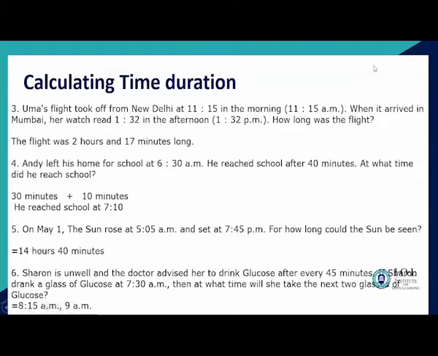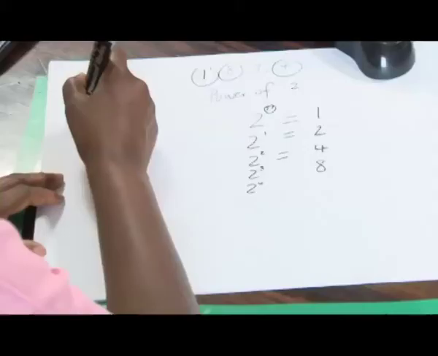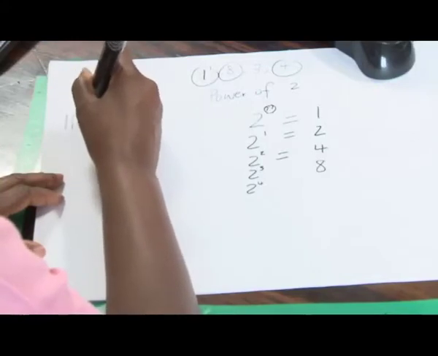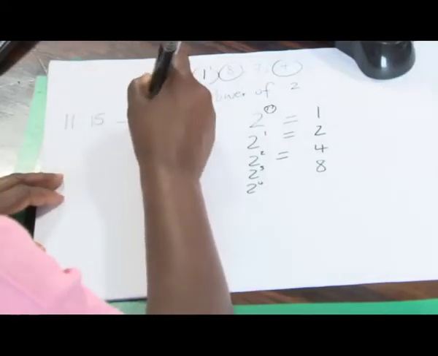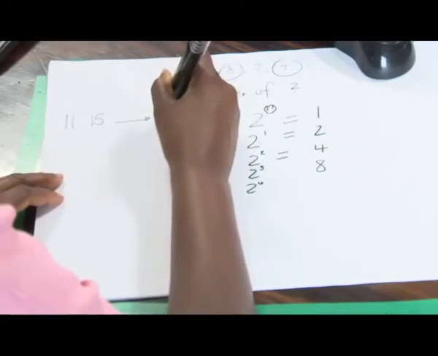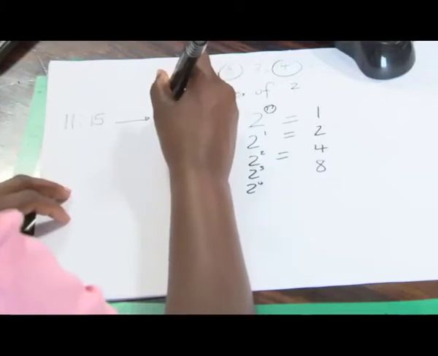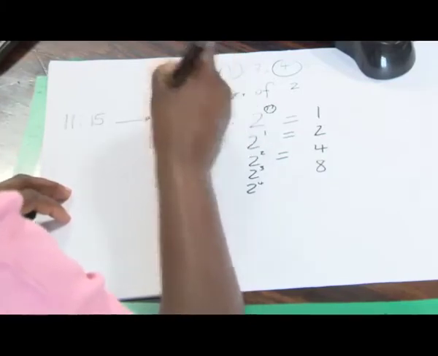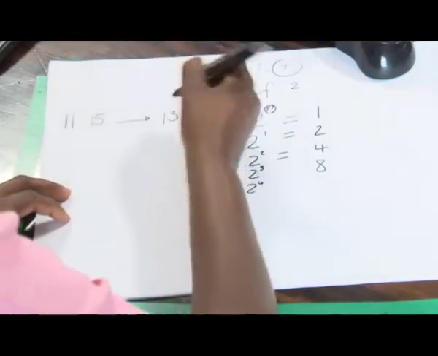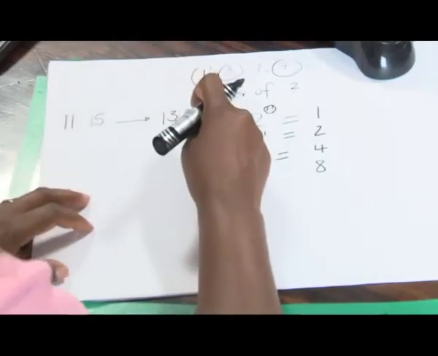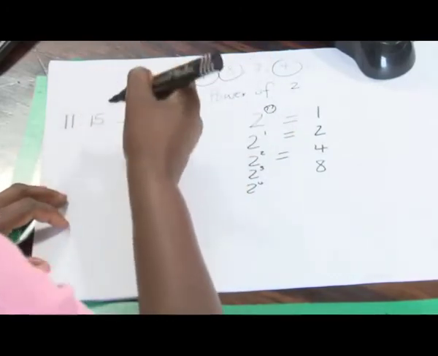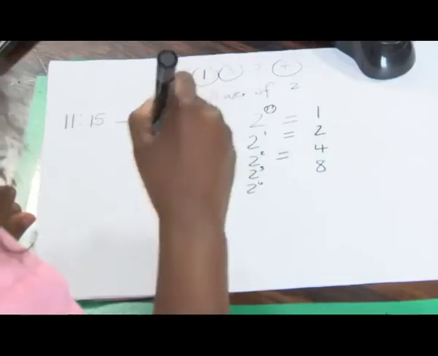If we take 11:15 to 1:32, I can use 13:32. How many hours and how many minutes are there? For me, I like working from 11:15.